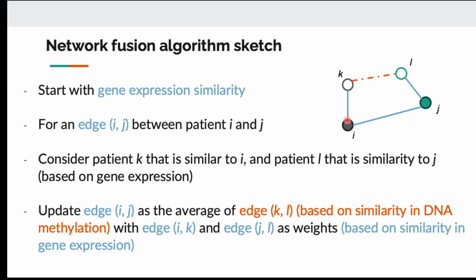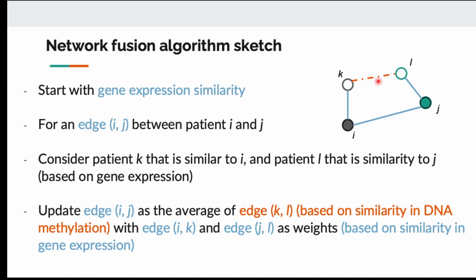Because I and K are similar and J and L are similar, if we want to make changes to our belief about I and J, we can ask: since K is similar to I, K may be a stand-in for I. L is similar to J, so L may act as a stand-in for J. So we are going to ask, based on DNA methylation, we switch to a different omics.